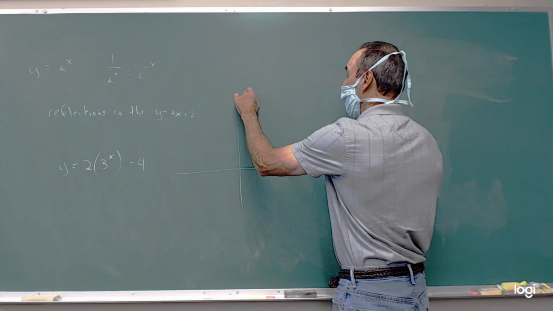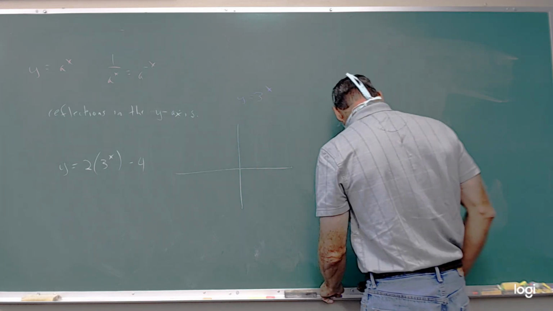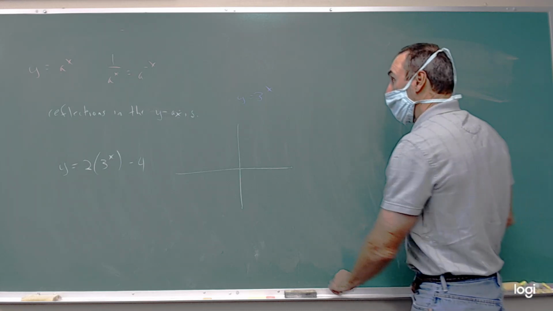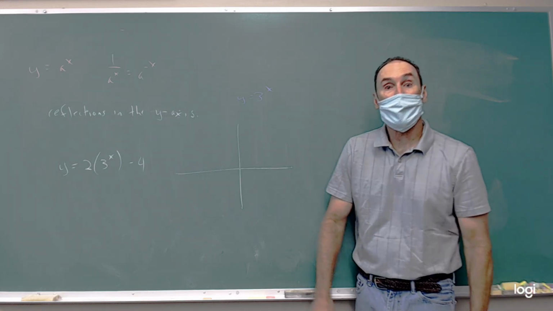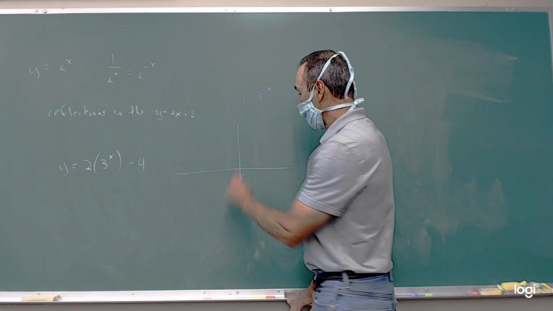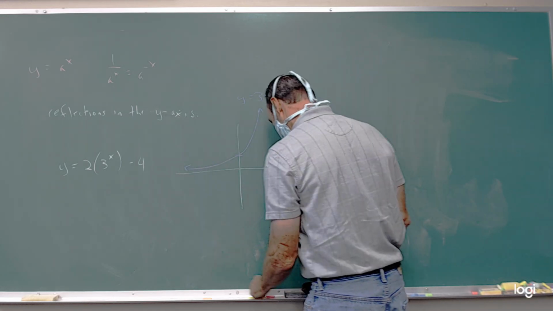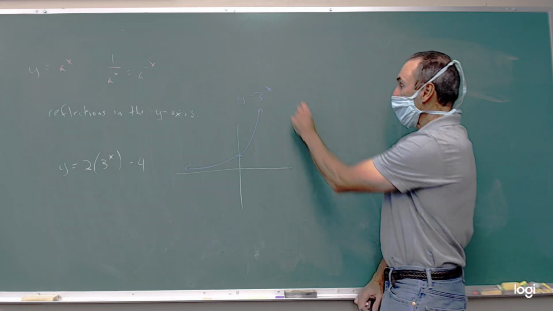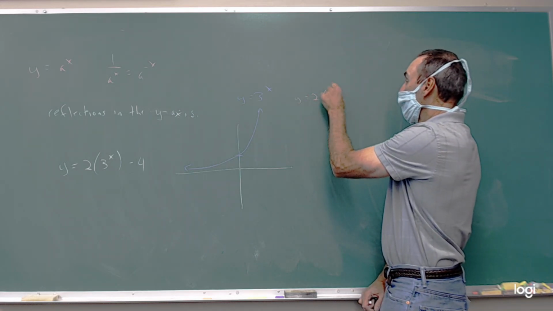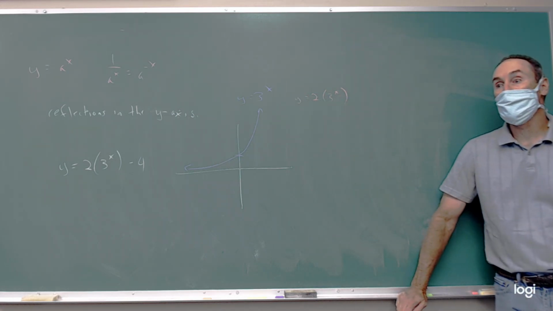So first, y equals 3 to the x. Because the base is bigger than 1, it's going to be a growth curve. And so it's going to have just a basic shape, something like that. Okay? Then if we add in the 2 times 3 to the x, what does that 2 do?